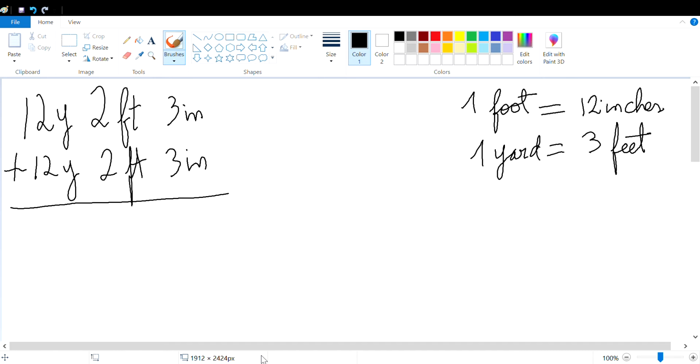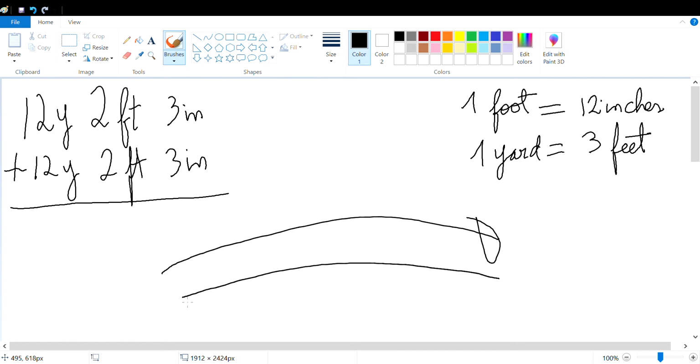The distance is 12 yards, 2 feet, and 3 inches. If my other friend needs to go and return the same distance, what we need to do is duplicate the same distance, meaning we need to do an addition, plus, sum, okay?